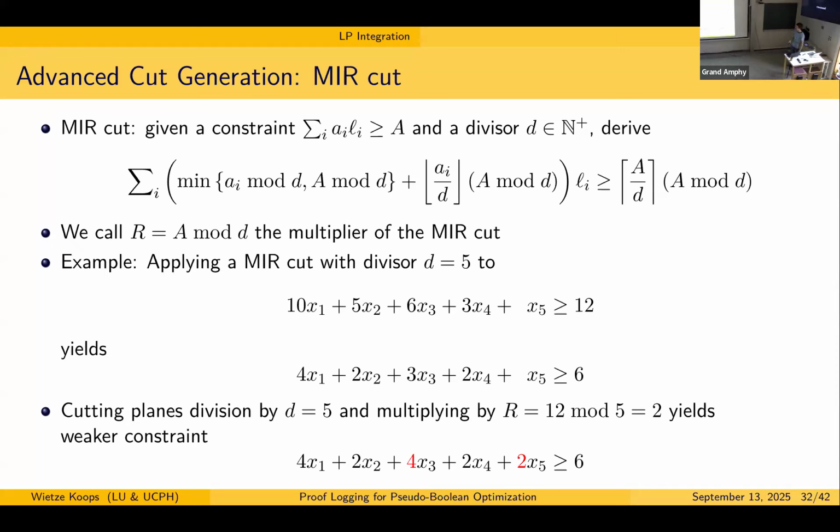So that's where we get smaller coefficients in these two cases. The exact mechanics of the formula maybe require a whole separate talk to explain.